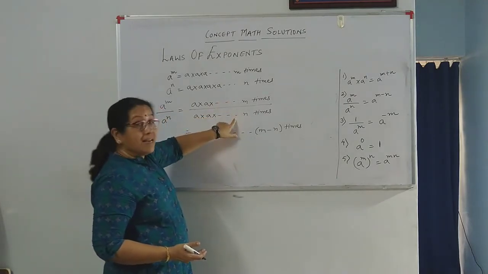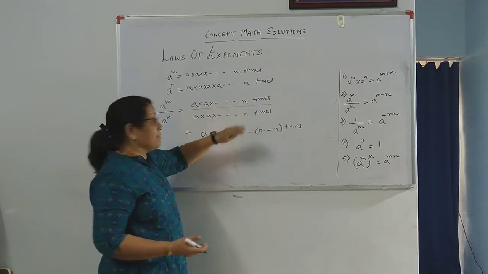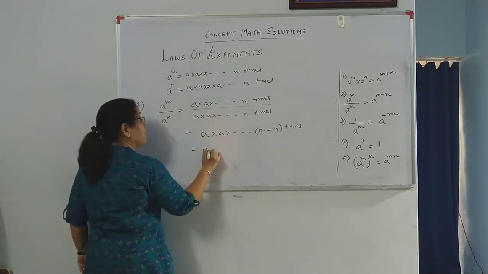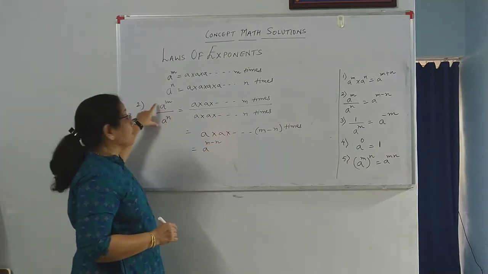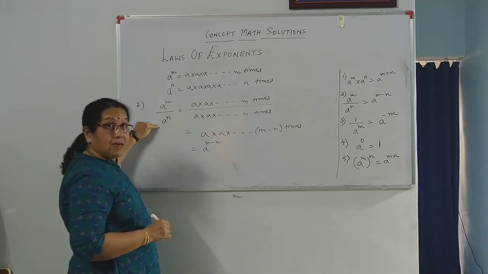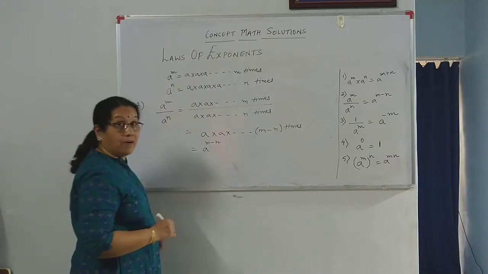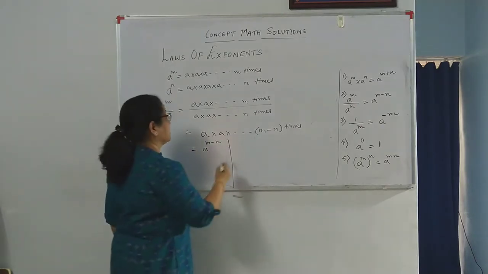These n times a will get cancelled in the numerator and you will have m minus n. That means when we have division of equal bases, again I am quoting equal bases, we subtract the powers.